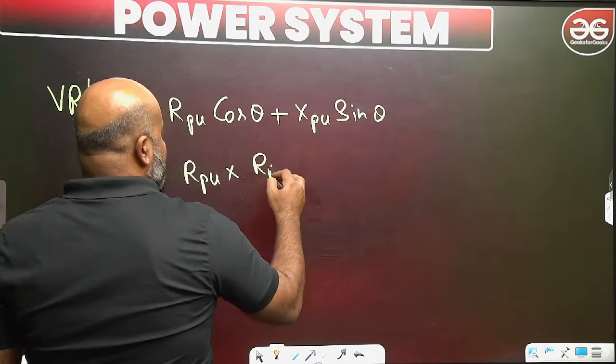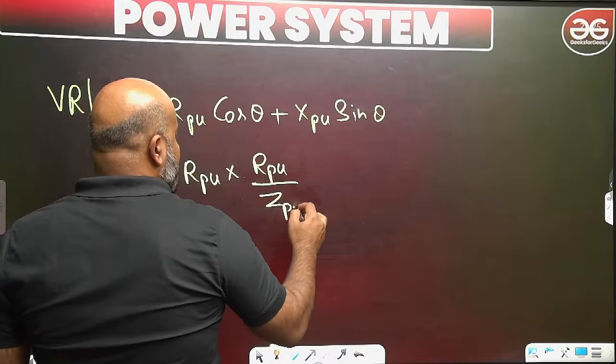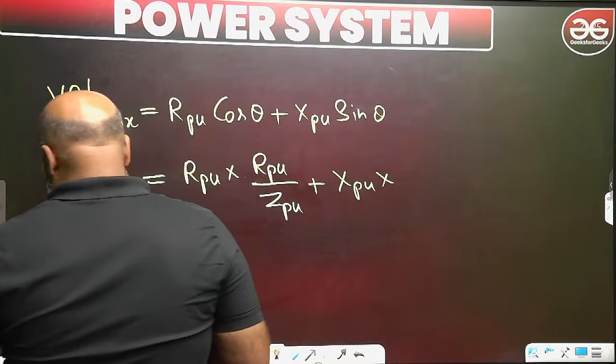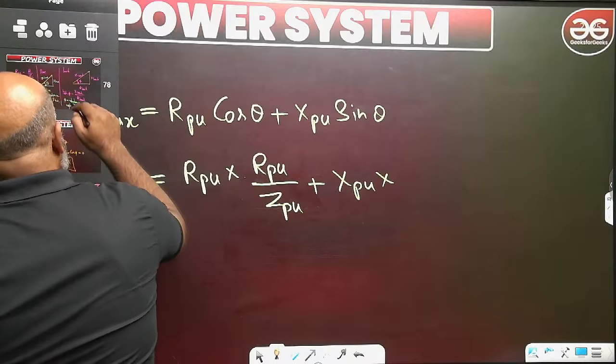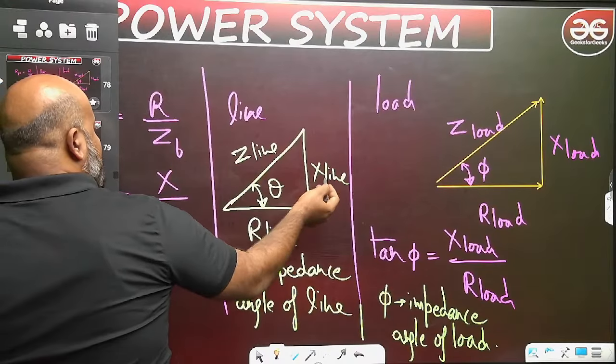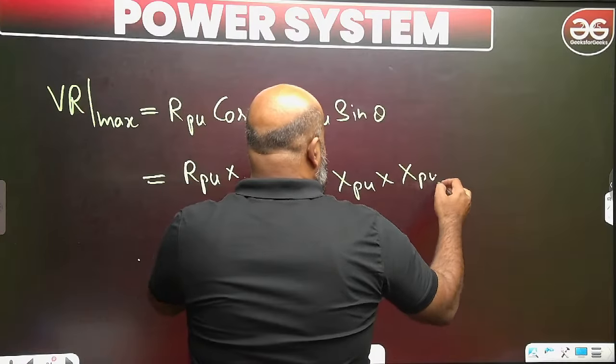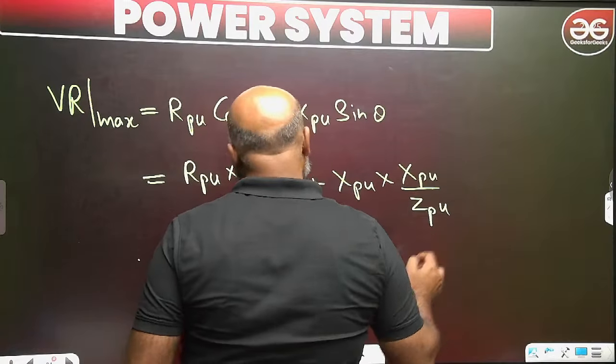Sorry, I was doing it wrong. Cos theta is R per unit upon Z per unit, plus X per unit. What is sin theta? Sin theta is going to be X upon Z, that is X per unit upon Z per unit.